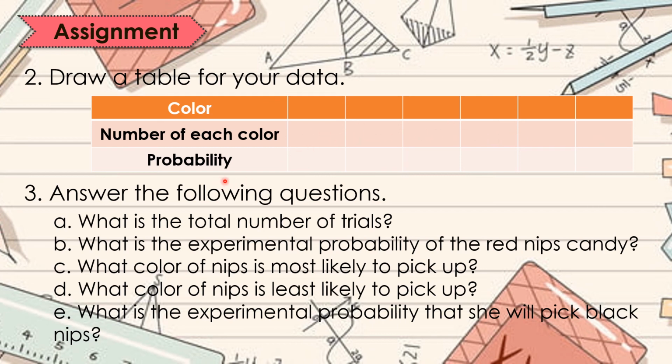And then, kailangan po ilagay ang probability, pwede in percentage, pwede rin in decimal number. And then, for number 3, answer the following questions. After ninyong i-fill up ang inyong table for your data, pakisagutan itong number 3, letter A to E.